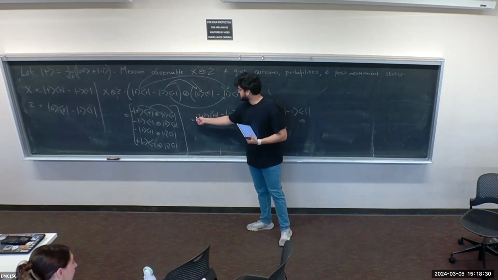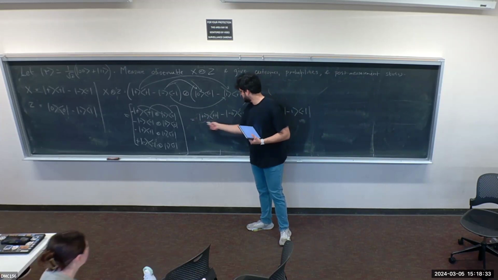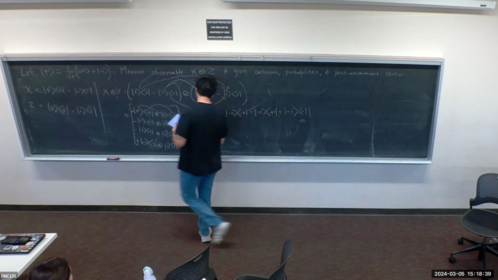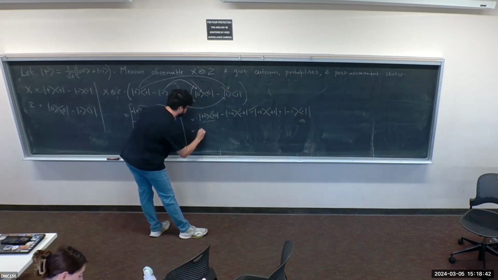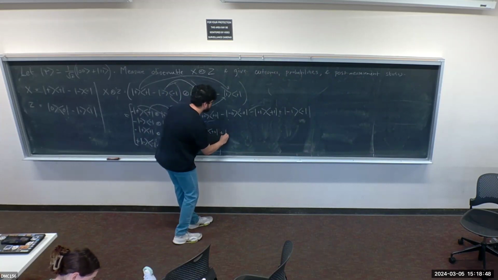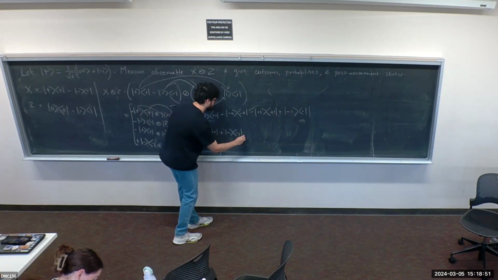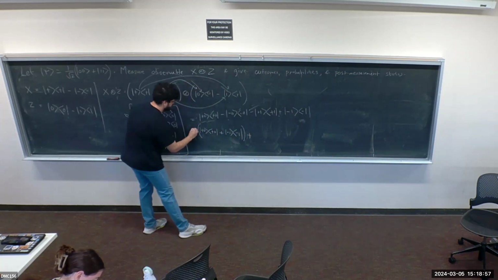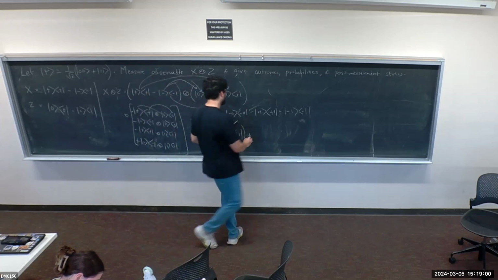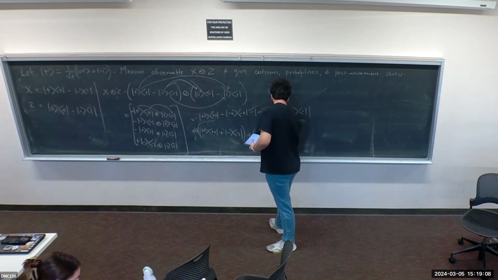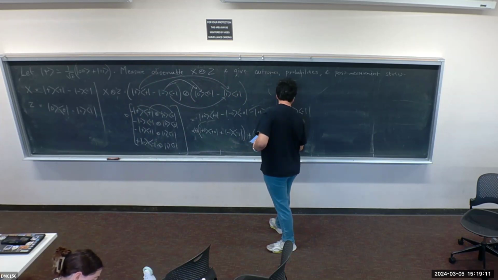So you can see here, this projector has eigenvalue plus 1, this has minus 1, this has minus 1, this has plus 1. So let's combine the same eigenvalues together. This has eigenvalue plus 1. This will have eigenvalue minus 1 and the outer product of minus 0 and plus 1.